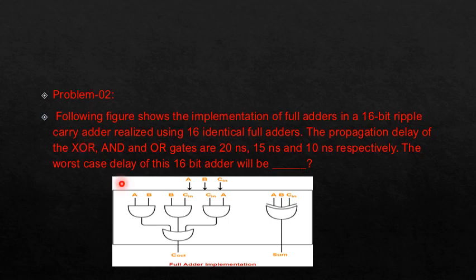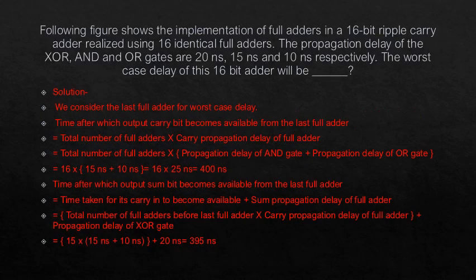Problem 2: a figure is given. We have to find the worst case delay, with the propagation delays of the AND, XOR and OR gates given as 20 nanoseconds, 15 nanoseconds and 10 nanoseconds. We consider the last full adder for worst case delay.